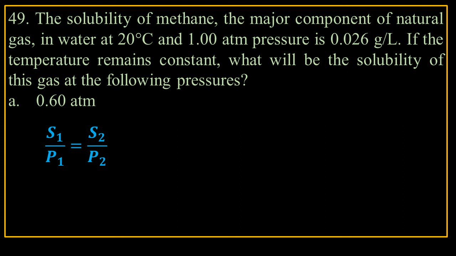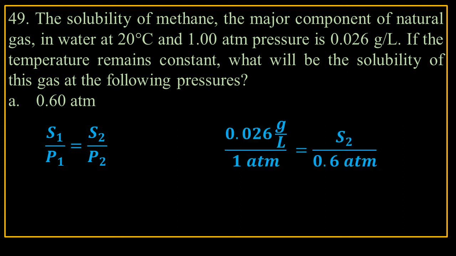Plug in the values, and we get 0.026 divided by 1 equals S2 over 0.6. Cross multiply: 0.026 times 0.6 divided by 1 is 0.0156 grams per liter.